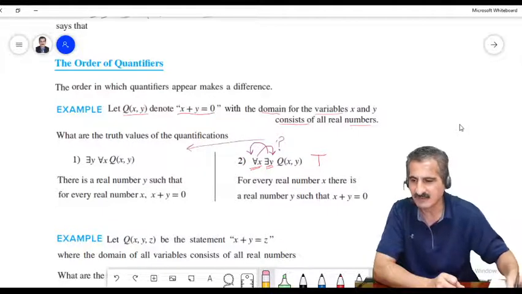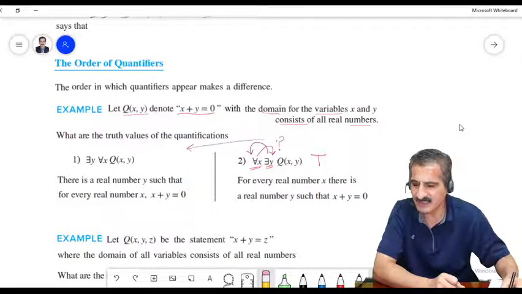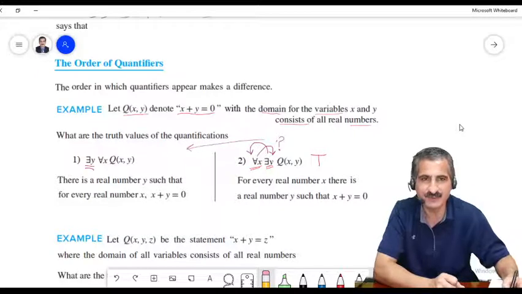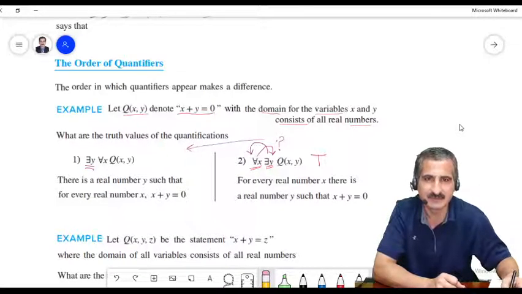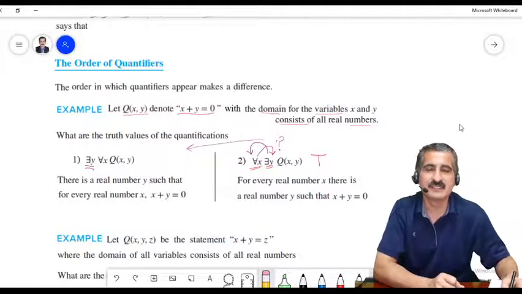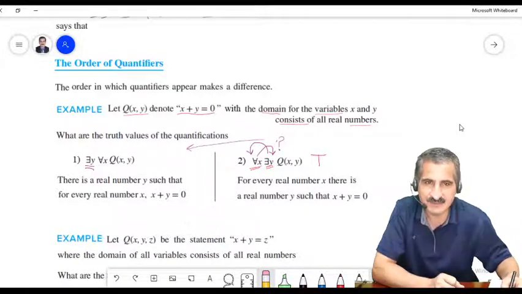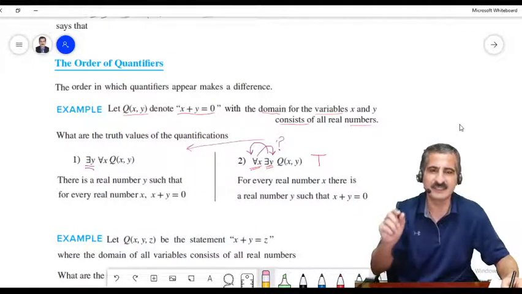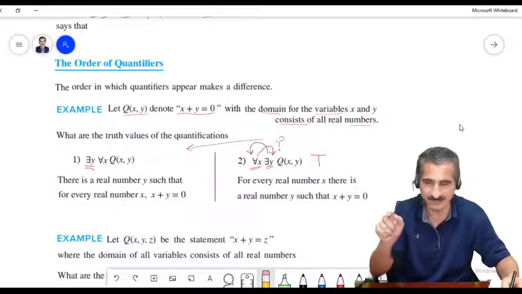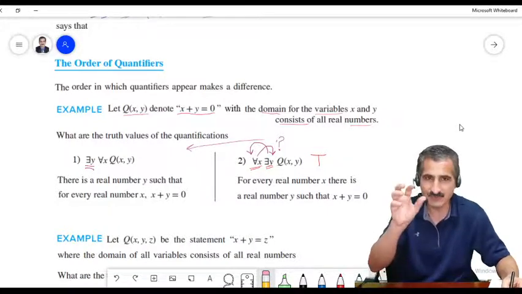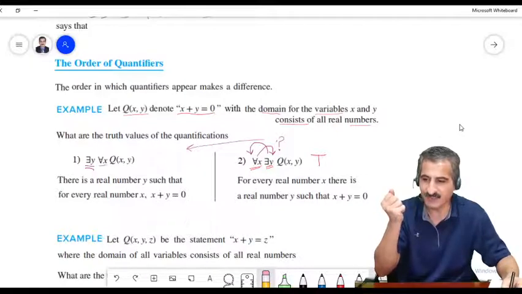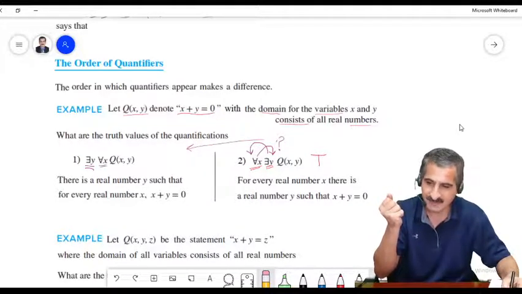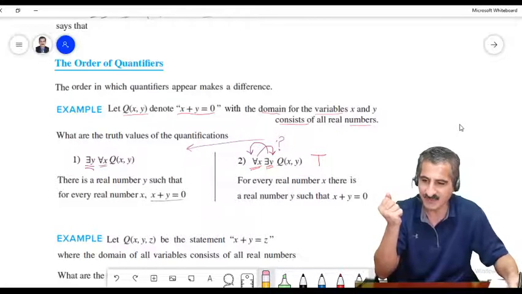Let's see what happens. This says there exists a real number. So we have the set of real numbers, and then we are saying there is one real number, let me pick that real number y in hand, such that for every other real number x, we must have that x plus y equals 0.